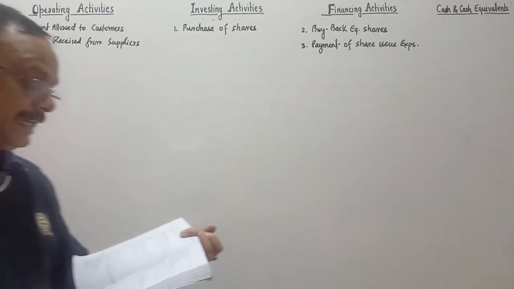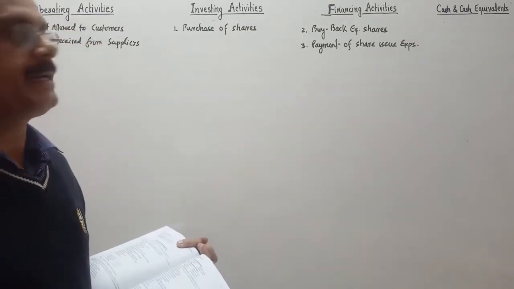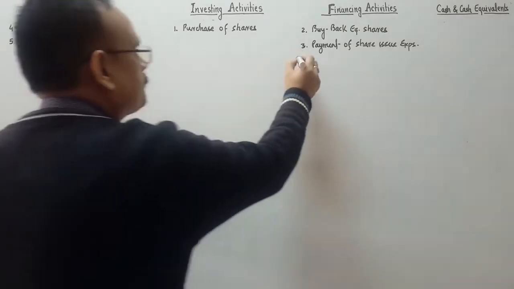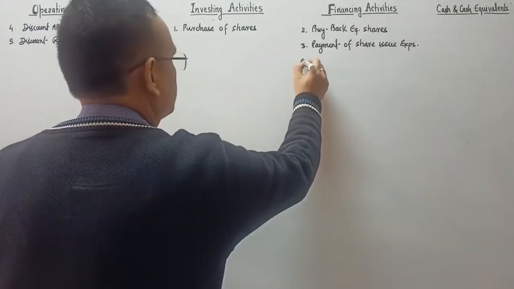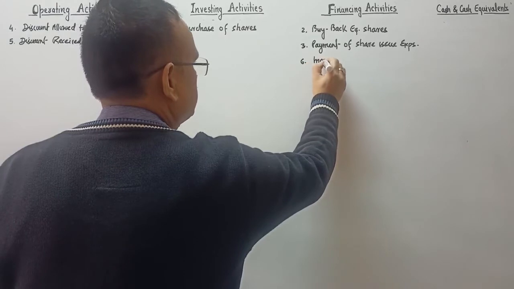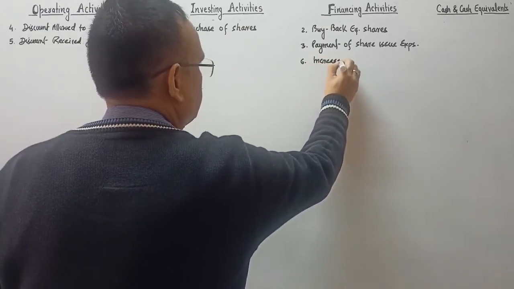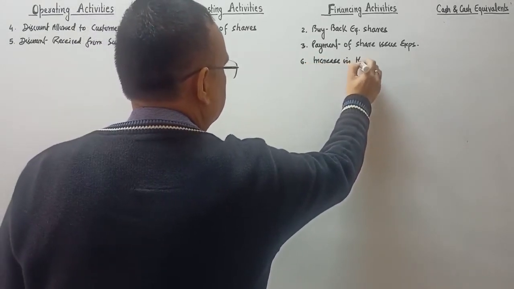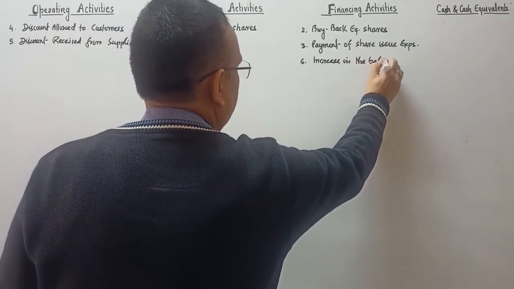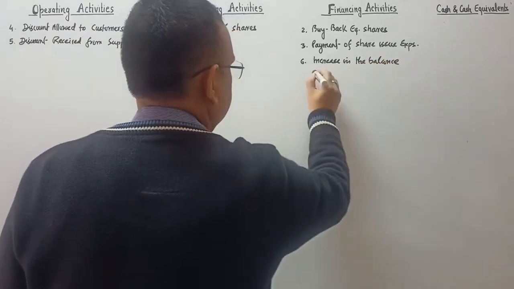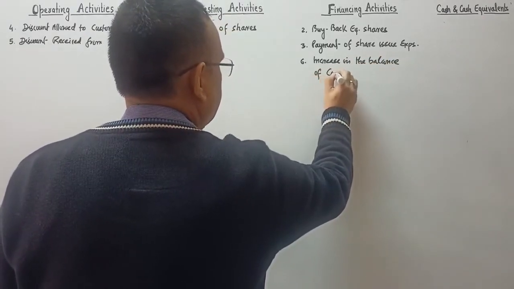Next is increase in the balance of cash credit. So coming under the financing activities. This is point number 6. Increase in the balance of cash credit.